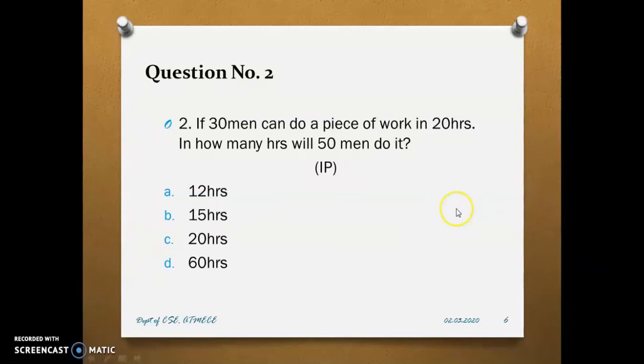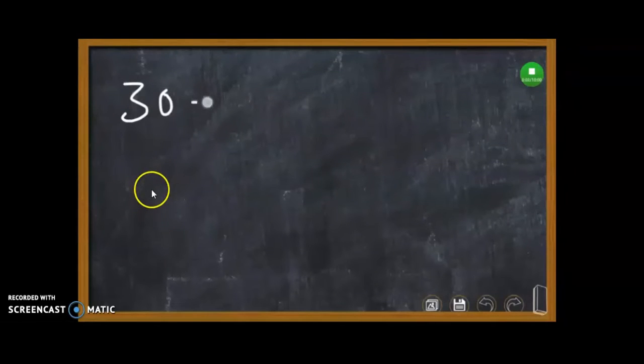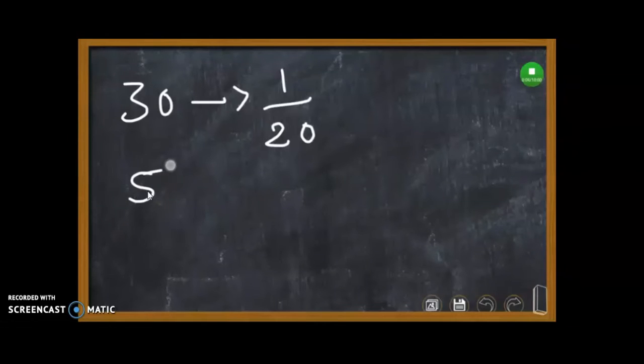So let's see how to solve this problem. If 30 men can do a piece of work in 20 hours, I'll take the reciprocal of it. Let's see how much time it would take for 50 men. So let's take it as 1 by x. Simply cross multiply.